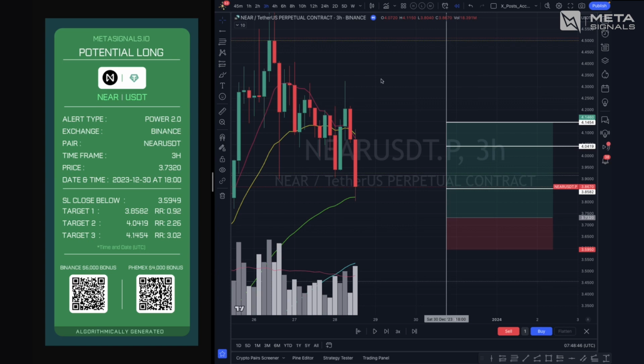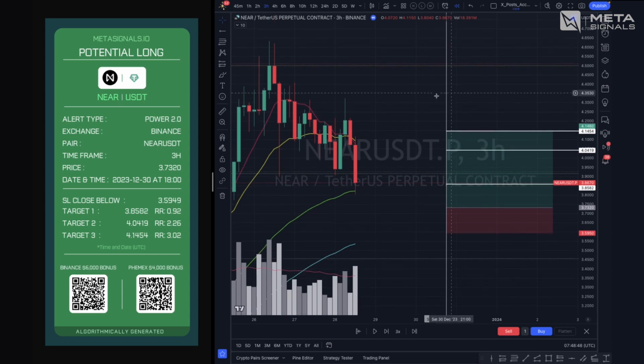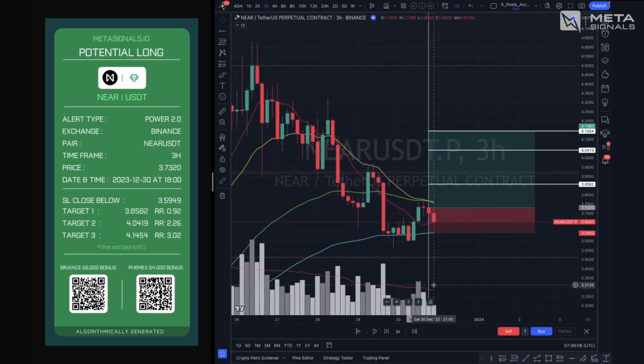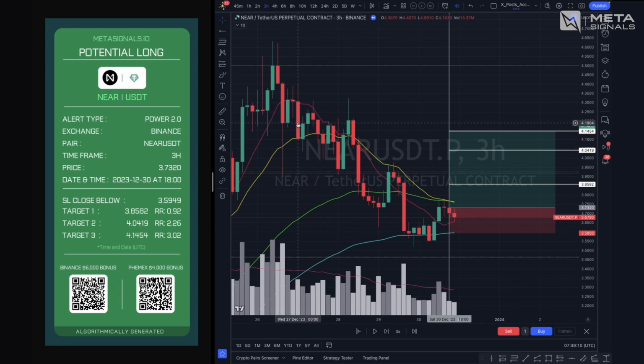As usual, on the chart, we have the horizontal lines in the background generated by the meta signal support and resistance indicator, and our usual EMAs and SMAs. Coming up to the time of the alert, we have a downtrend, a series of lower highs.